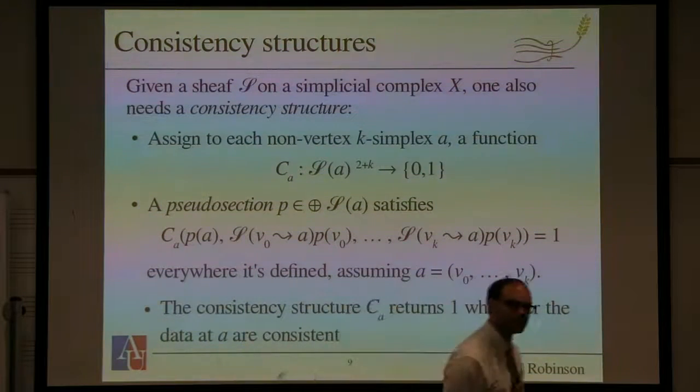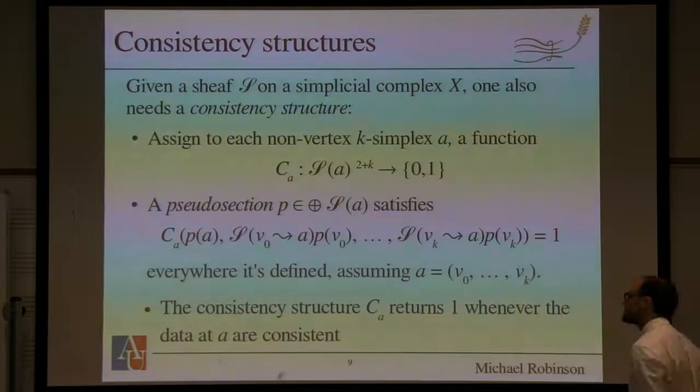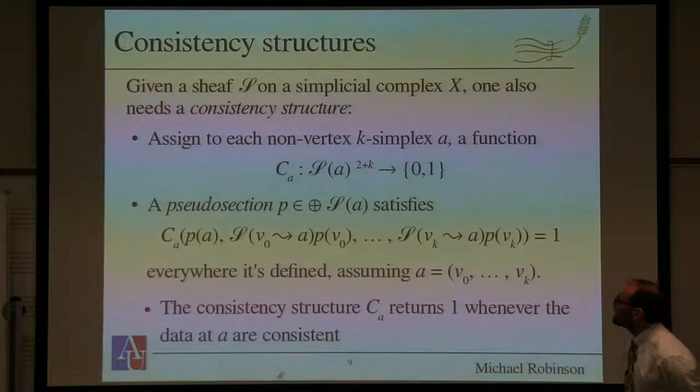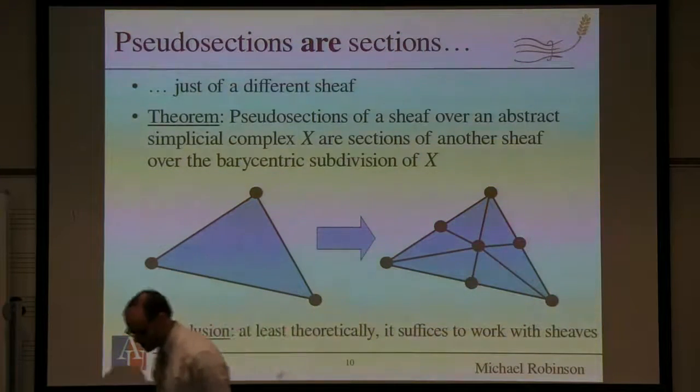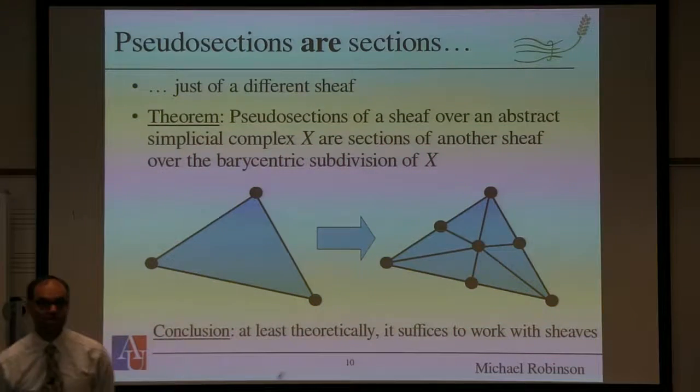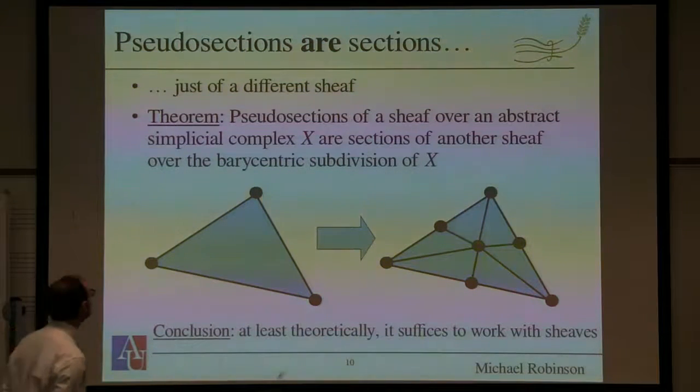What do I do? Well, it turns out, and this is somewhat of a hack, but it turns out to be theoretically true, that actually pseudosections are actual sections, bona fide sections, just of a different sheaf. A sheaf over a very different complex.